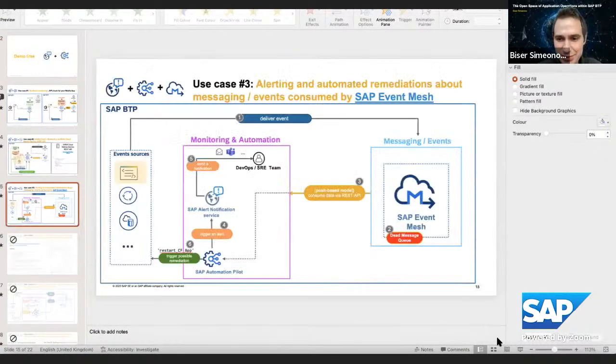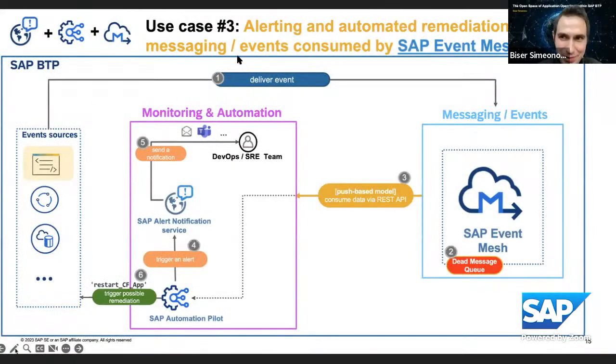Now let's look into the other use case, which is kind of less complicated. So how does that work? As I mentioned, the Event Mesh can be used by our applications either to push messages or events, and to consume messages and events. In our use case, we're going to see a client that pushes messages into the Event Mesh queue.